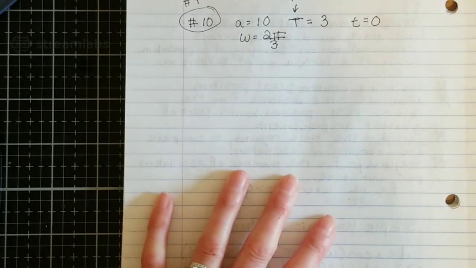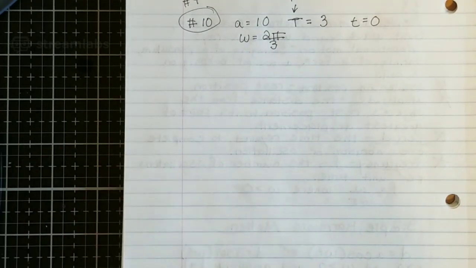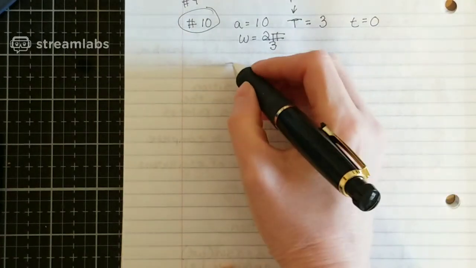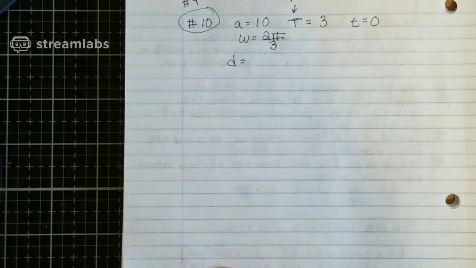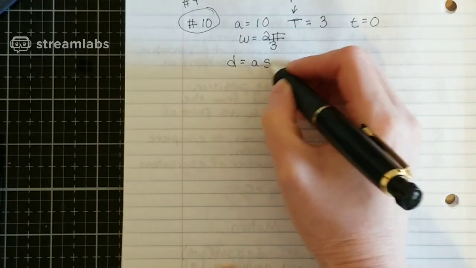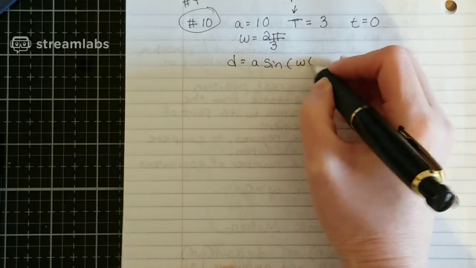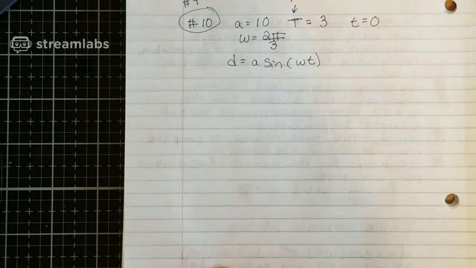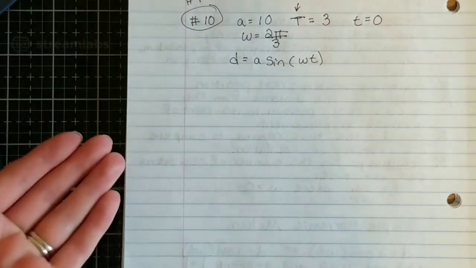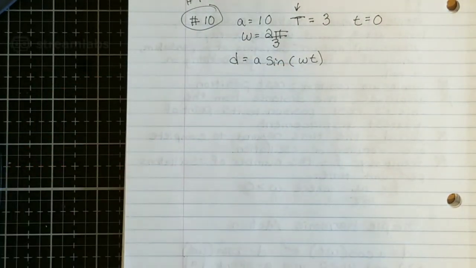So the only thing you have to do different on this one is instead of using cos, you're going to use sine. So D equals, and our formula for sine was A sine WT. Try not to think too much into this. The only thing that is different from this answer versus the last one is instead of it being cos, now it's sine.